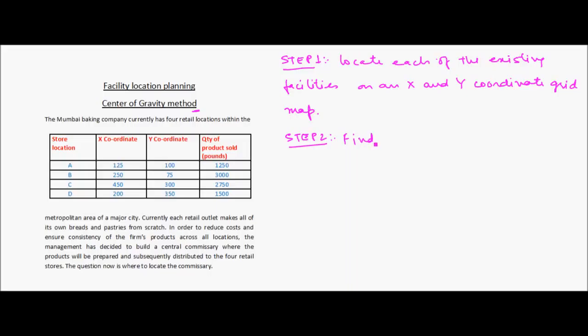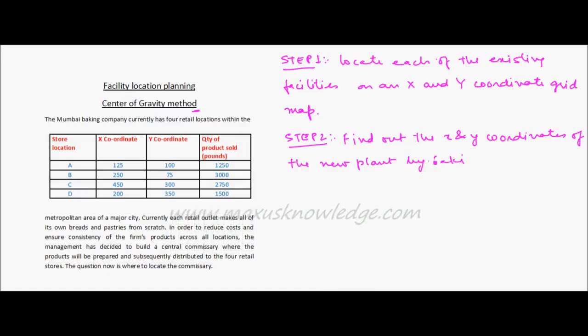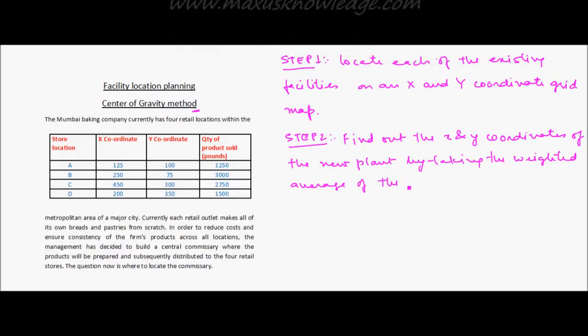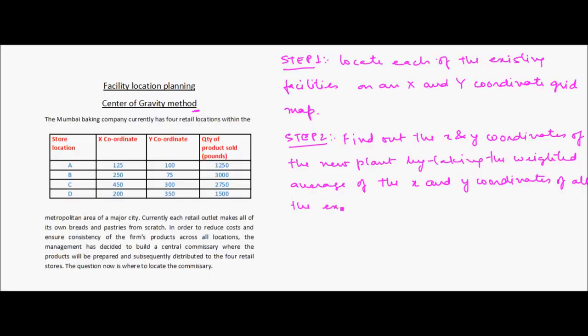So step number 2 is find out the X and Y coordinates of the new plant by taking the weighted average of the X and Y coordinates of all the existing facilities.